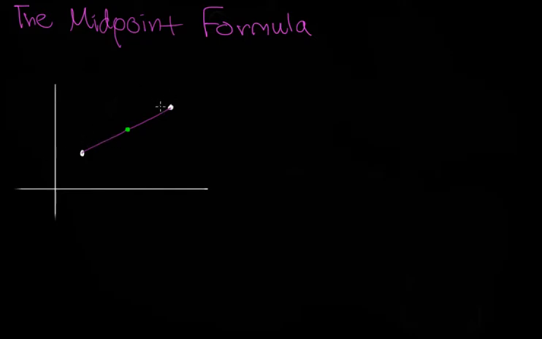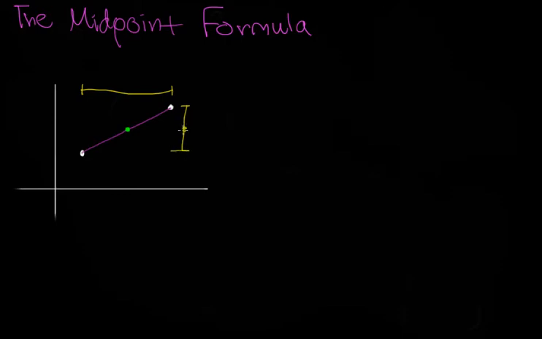Well, the midpoint formula may seem a little hard to memorize, but I have a really easy way of doing it. The midpoint really is just the average of the horizontal distance and a combination of the average of the vertical distance.